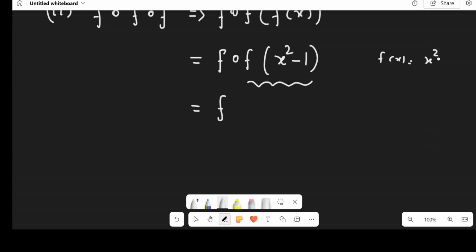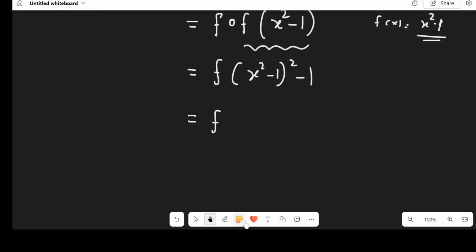In the f of x formula, we are going to replace x by this value. Okay, so this is x square minus 1, right? In this formula, we should apply this x square minus 1 in place of x. So what would be the next answer? Next line, x square. X square means here what is x? X square minus 1, right? That the whole square. This minus 1, right? Then we should simplify this.